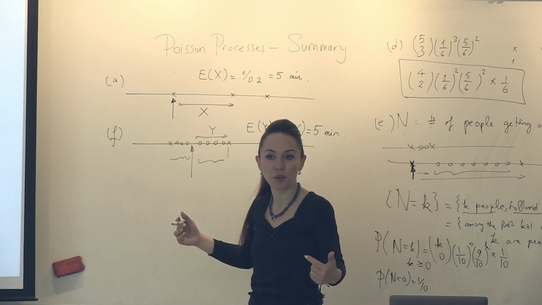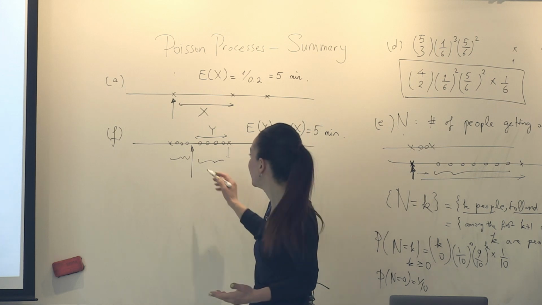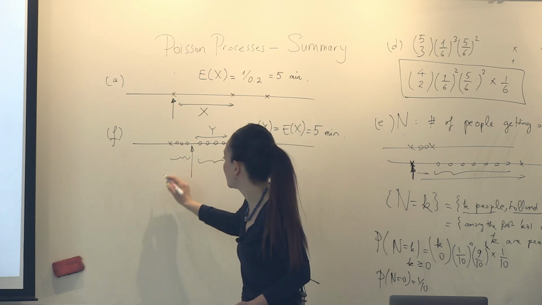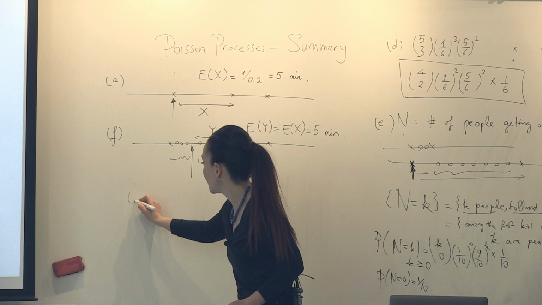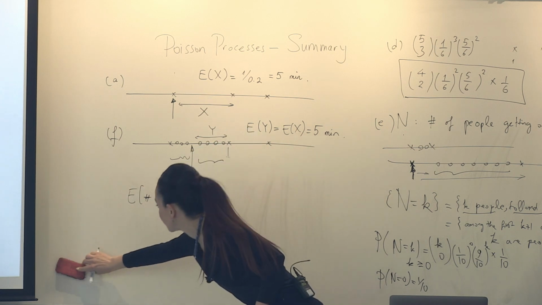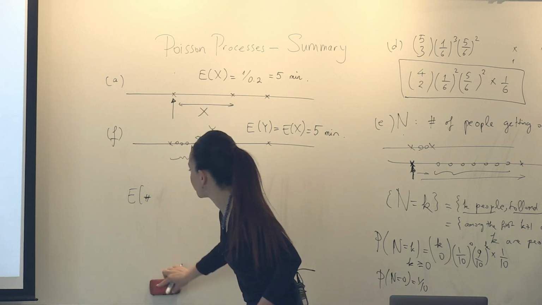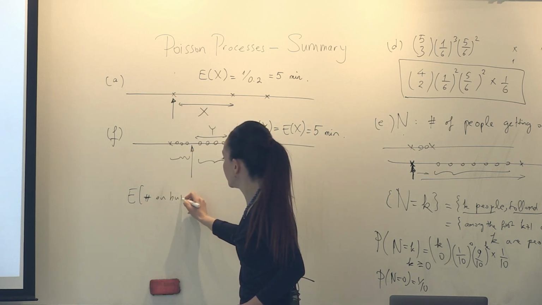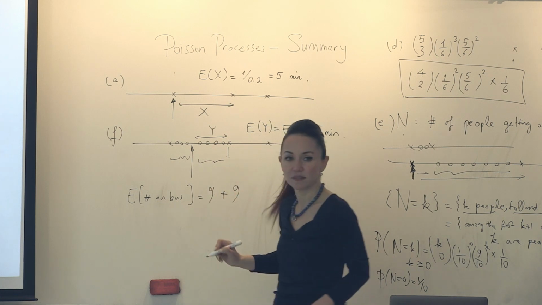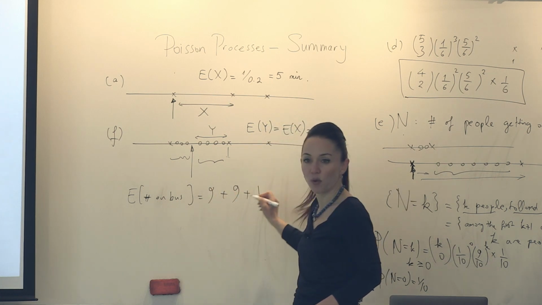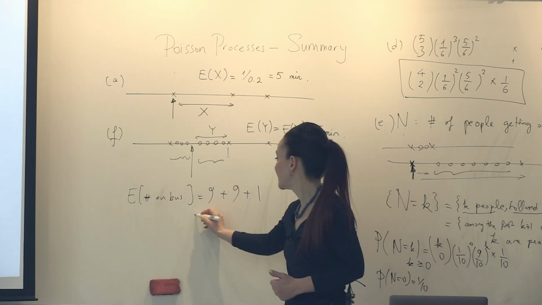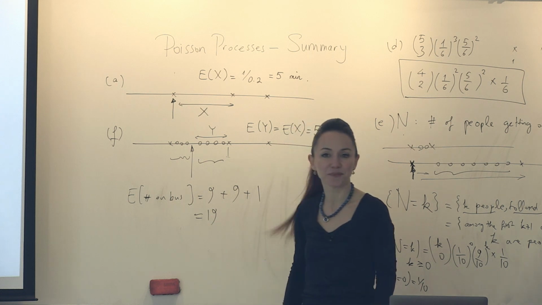Reversibility of the Poisson process tells me that number also has the same distribution. So the expected number of people on the bus should then be 9 plus 9 plus 1, because I'm also there, 19. What do you think?